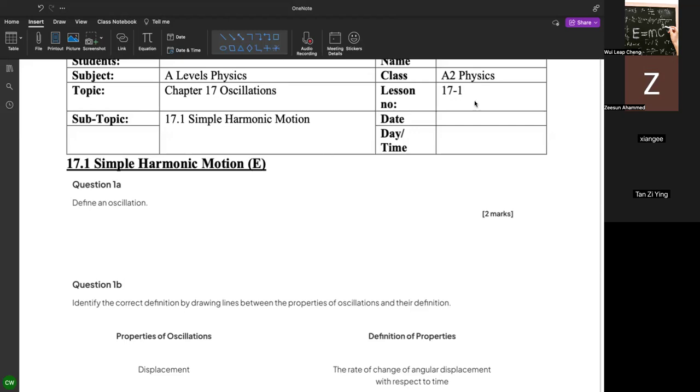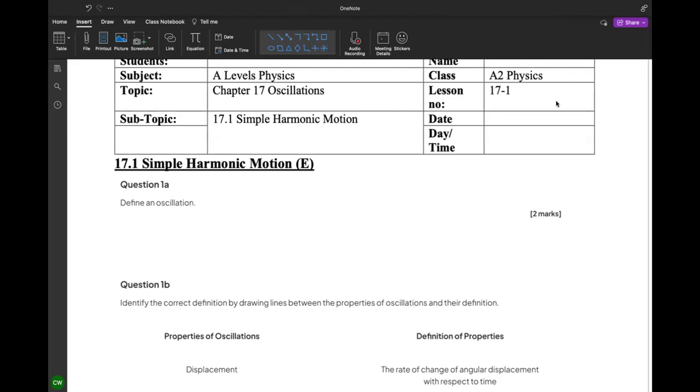Okay, in this lesson, we'll go through again the simple harmonic motion. To understand simple harmonic motion, you have to understand oscillation. What is the example of oscillation that you know? How do you define oscillation?